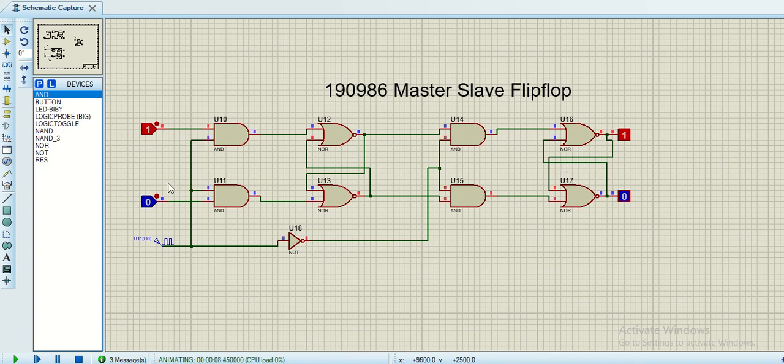So if we change the inputs to 0 1, the output has also changed to 0 1, but it happens at the negative edge of the cycle. So basically this slave copies what is fed to it by the master flip-flop.